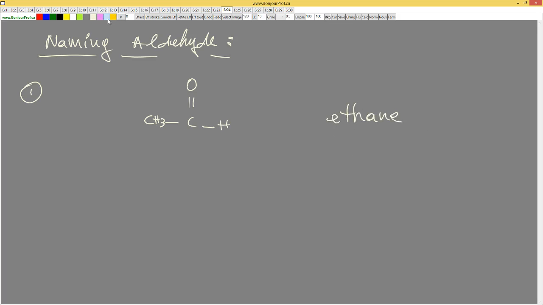So what we do to name it, this E here will be changed to al, like that. For alcohol, an E is changed to ol, but for aldehydes, an E is changed to al. Ethanal.